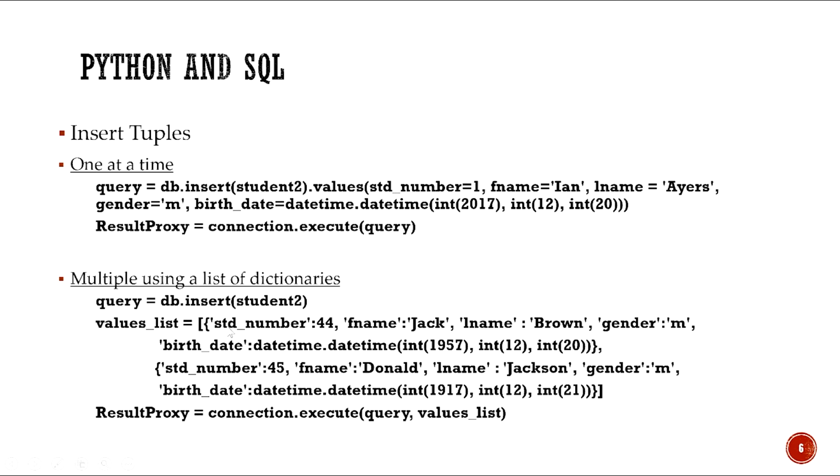And if you remember, for dictionaries, we needed 2 components. One is the key, the other one is value. So student underline number, or the column, is the key, and then we assign a value to that key using colon. So student number, colon 44. Now 44 is assigned to this key. The other key is first name, and its value is Jag. And that's how you can assign different values to columns in your table.